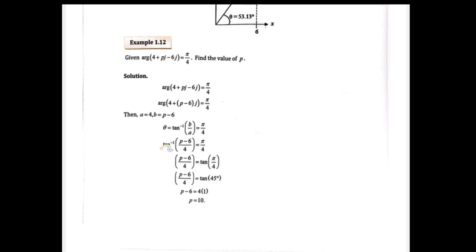So we have the arctan move to the right side, become tan, and then tan of pi over 4 is equal to tan 45 degrees, and then solve for p, which will give you p equal to 10.